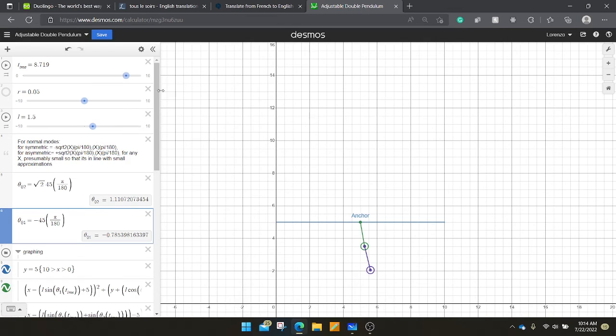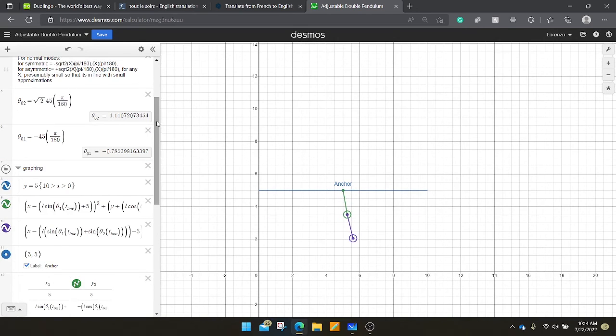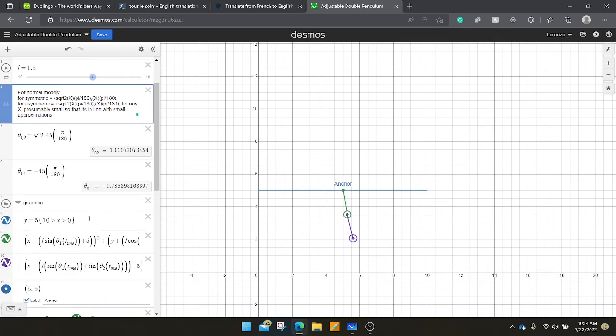So this is my double pendulum. Here I'm assuming, this is actually wrong, no, this is right. My initial conditions: it starts off at 45 degrees, square root of 2, because remember we're in our normal modes, theta O2 has to have a coefficient of square root of 2 to cancel out that square root of 2.